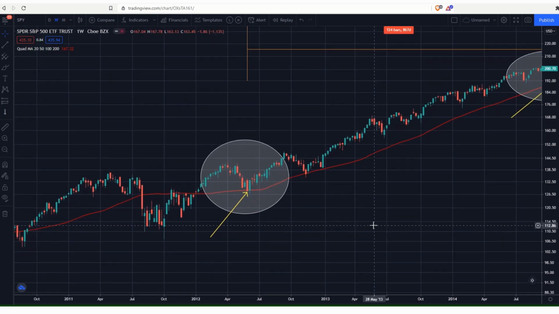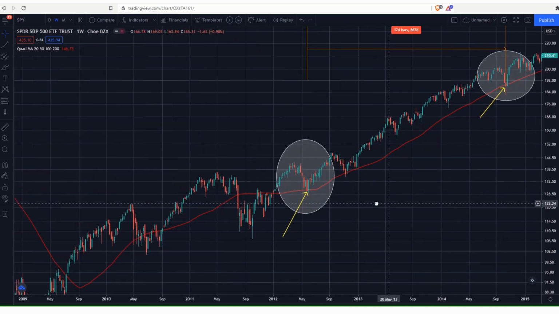A random pick way back to the week of 29 May 2012, whereby the red candlestick touched the weekly 50 moving average. So this will start off our first trade.